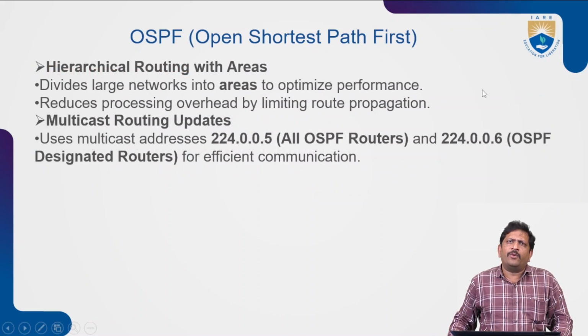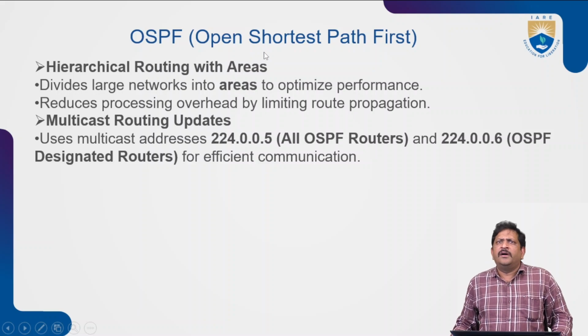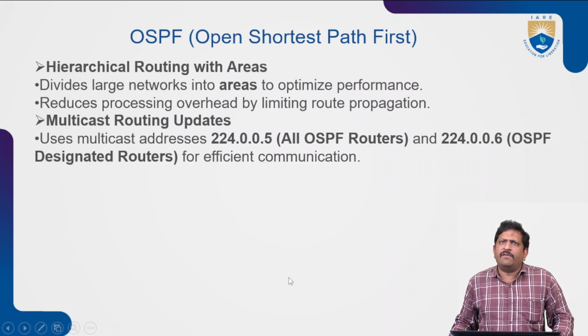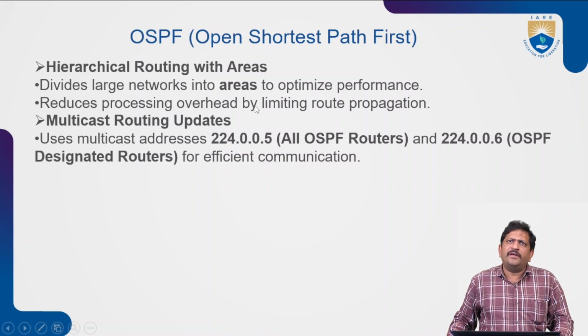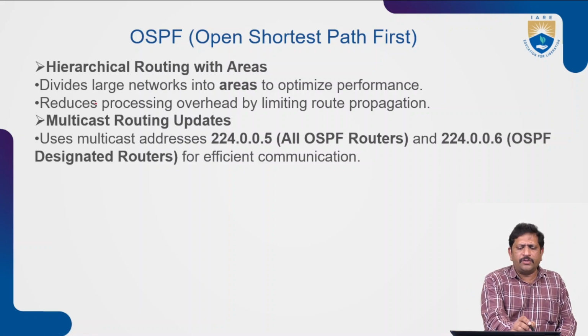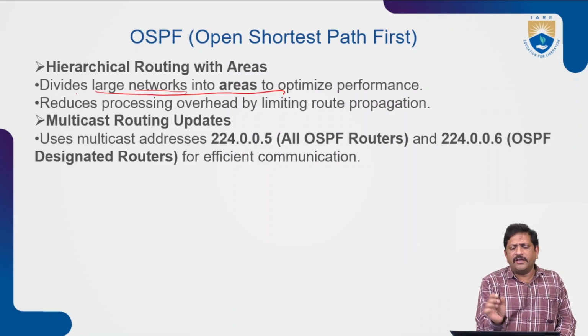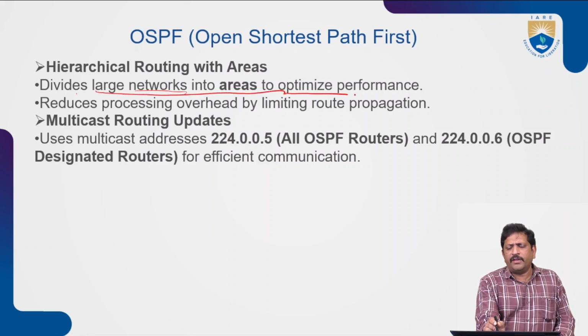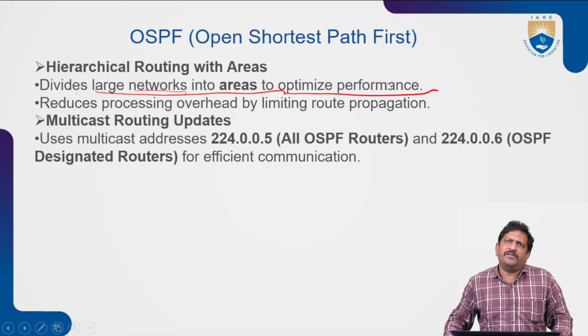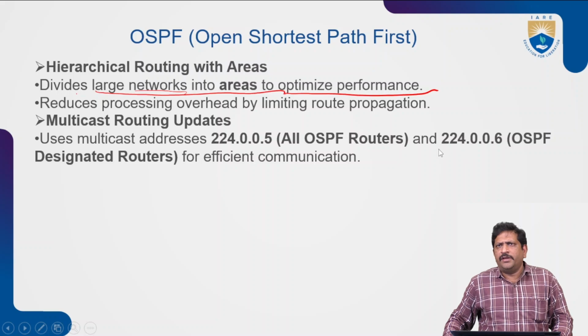And here, hierarchical routing with areas. By arranging the areas in a hierarchical structure, we can effectively find the best routing. Large areas are divided into sub-areas, in the form of a tree which constructs the areas of the network: area 0 network, area 1 network, area 2 network, in this hierarchical form.